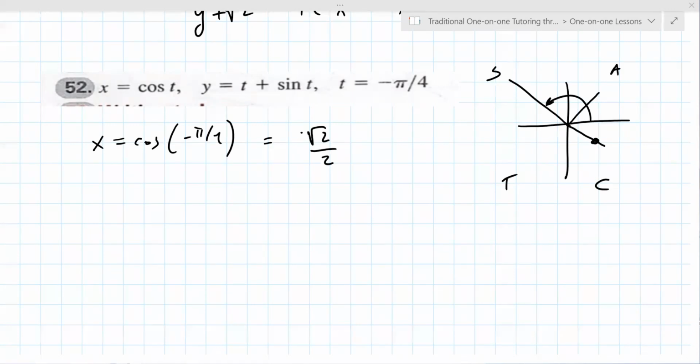Do you want us to review the unit circle at all?